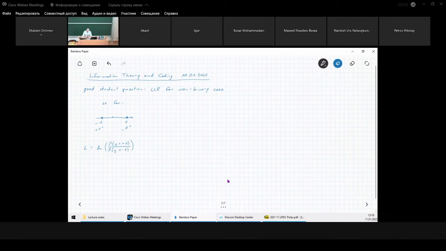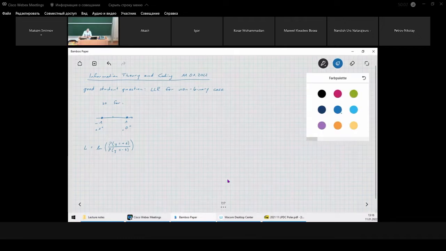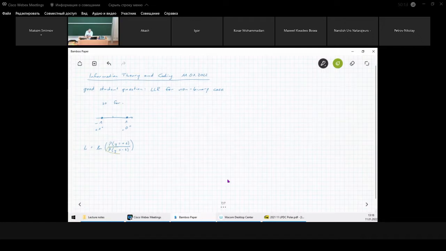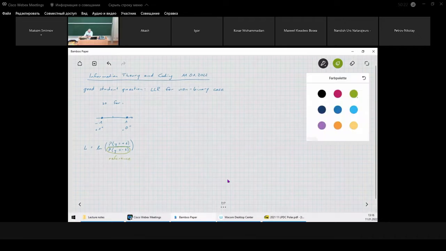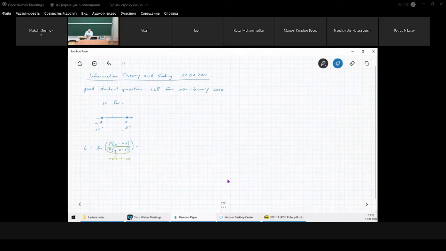So we could also say, as a different expression, we use this probability of y being -1 as reference. So do it like this.